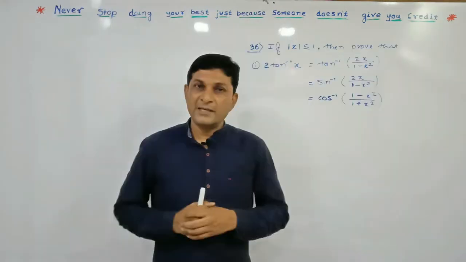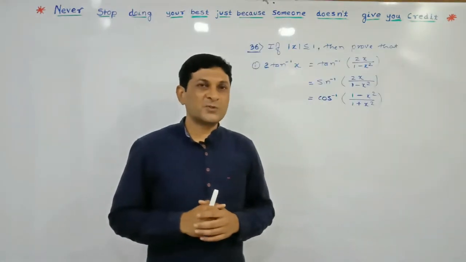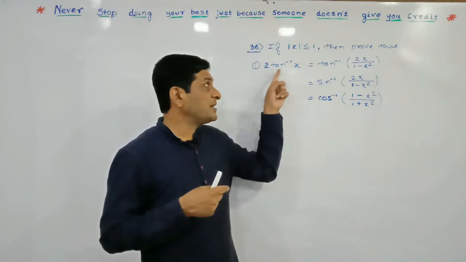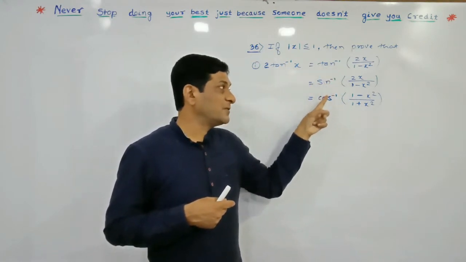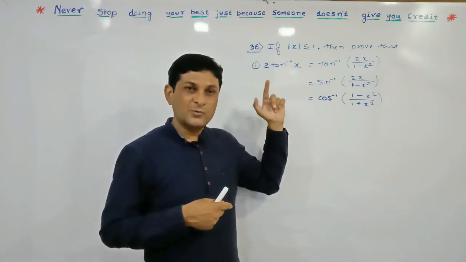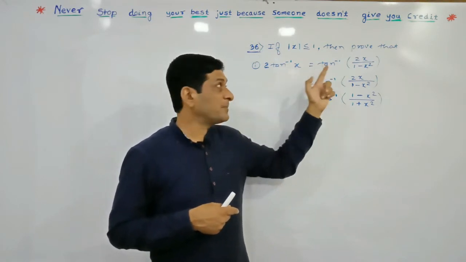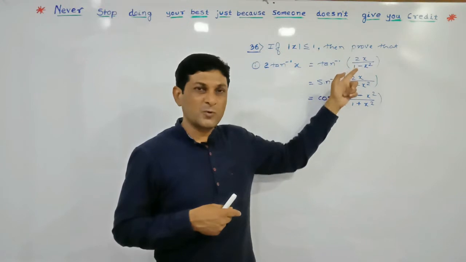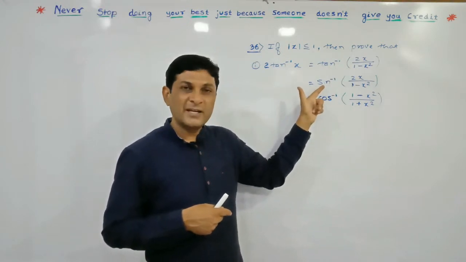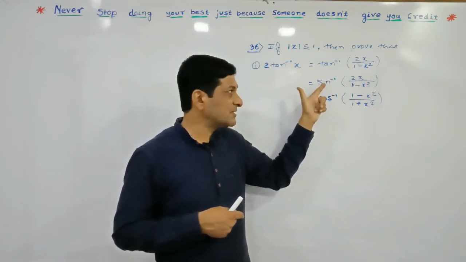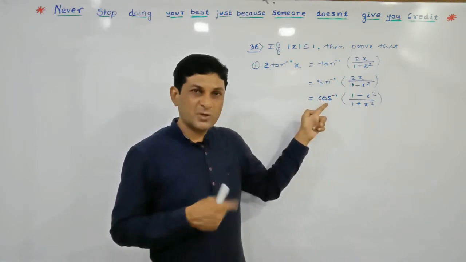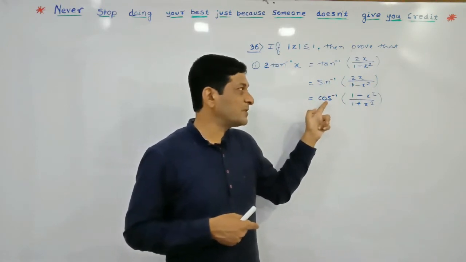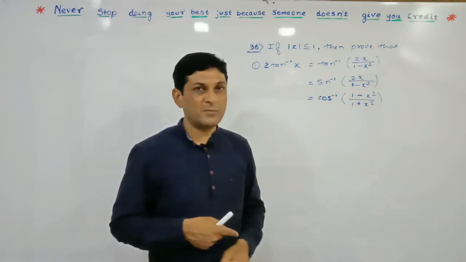See, in example number 36, we have to show that 2 tan inverse of x can be converted in terms of tan inverse, sin inverse, and cos inverse also. We have to prove that its value in terms of tan inverse is tan inverse of 2x upon 1 minus x square. Its value in terms of sin inverse is sin inverse of 2x upon 1 plus x square, and its value in terms of cos inverse will be cos inverse of 1 minus x square upon 1 plus x square.